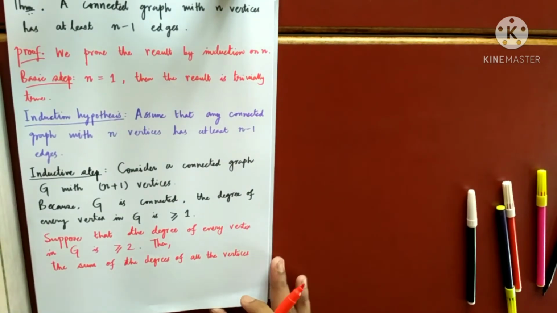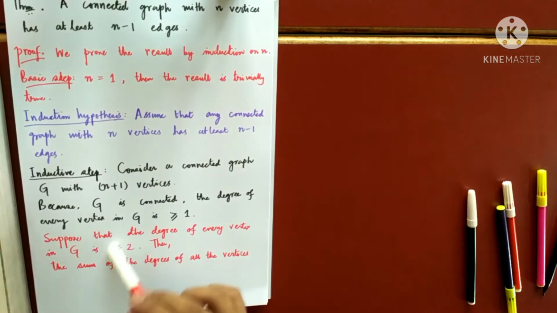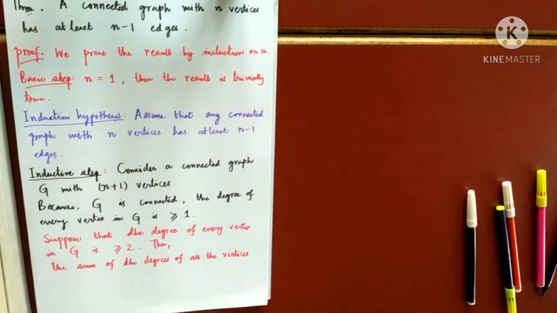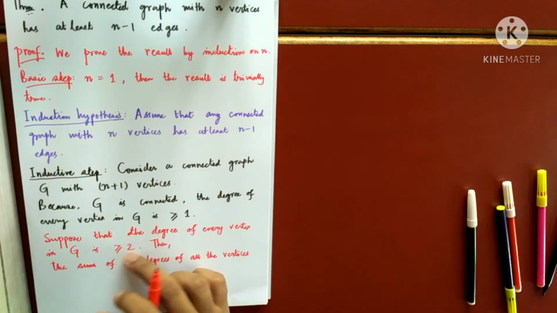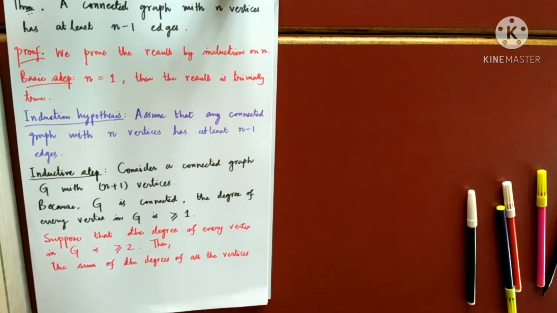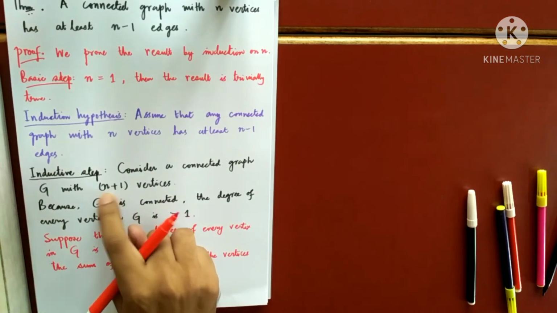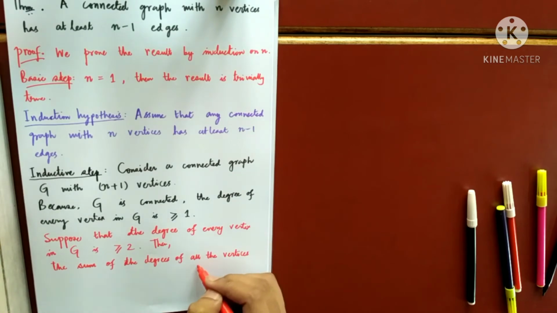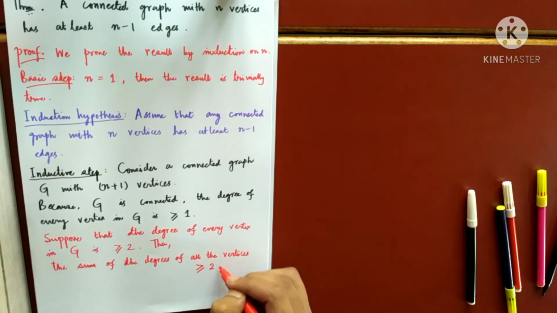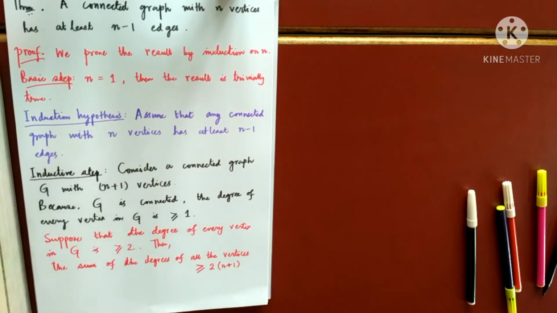Can you tell me what is the sum of all the degrees of the vertices in this case? See, the degree of every vertex is at least 2, and how many vertices are there? n plus 1 vertices. So this will be greater or equal to 2 times n plus 1. Do you agree with me?